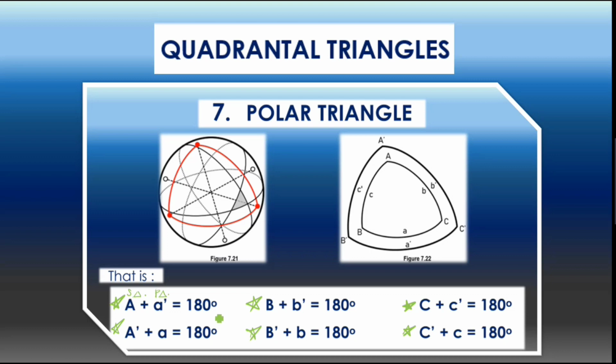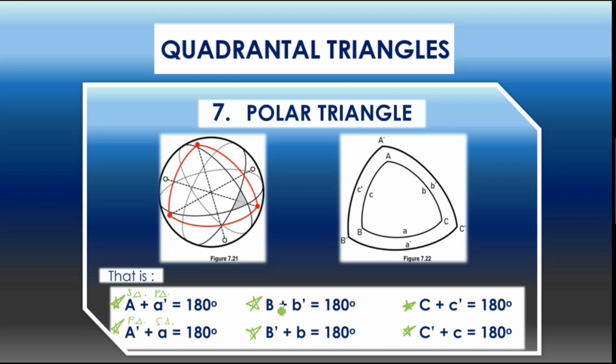So it means that the angle A of the spherical triangle and the side a of the polar triangle are supplementary angles. Same with the angle A of the polar triangle, its supplement is side a of the spherical triangle.